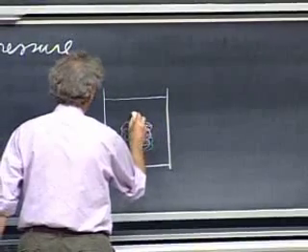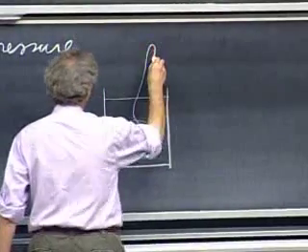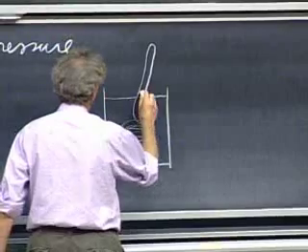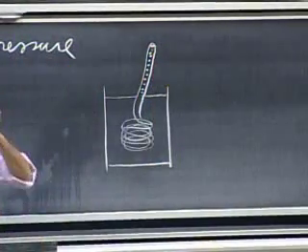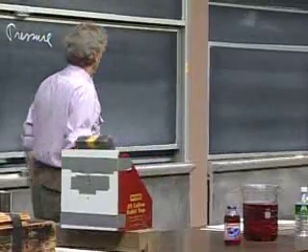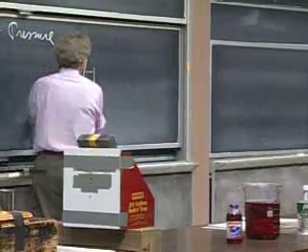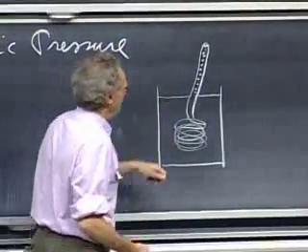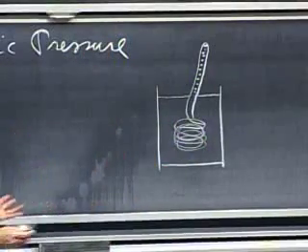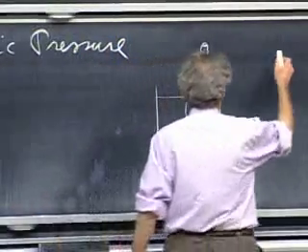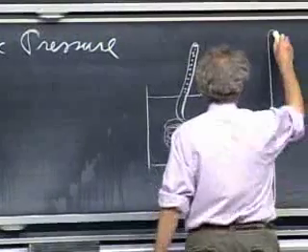And then we lift it out, and as we lift it out, we will see that the liquid will stay there. It's the barometric pressure that's pushing it in. And I pull it out and pull it out, and there comes a time that it will not stay in there anymore.